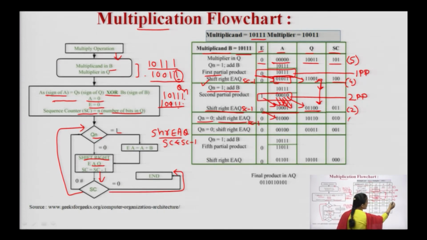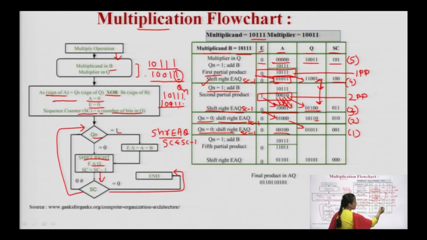Here again, because Q1 is 0, I will perform only shift right EAQ. So, it will be 00100 01011, decrement my sequence counter, it reaches 1.